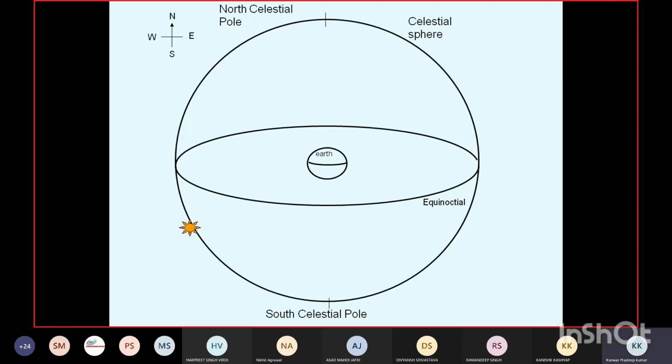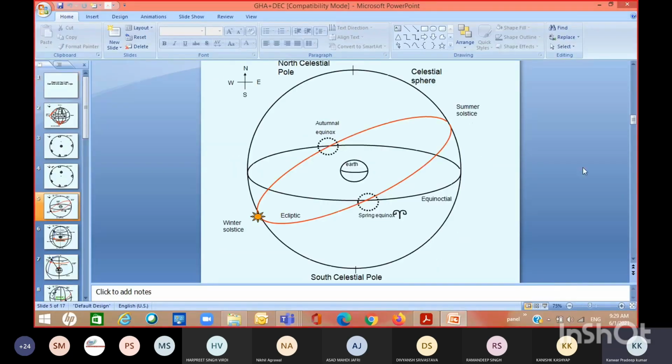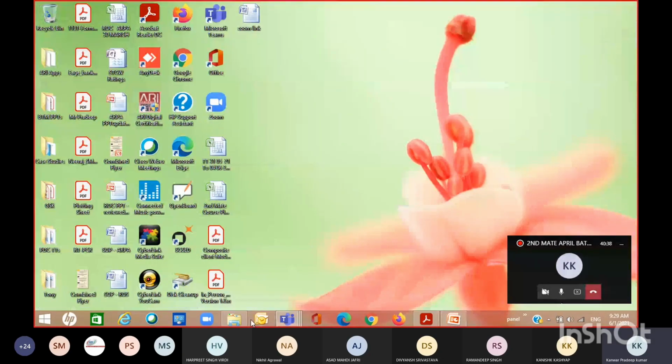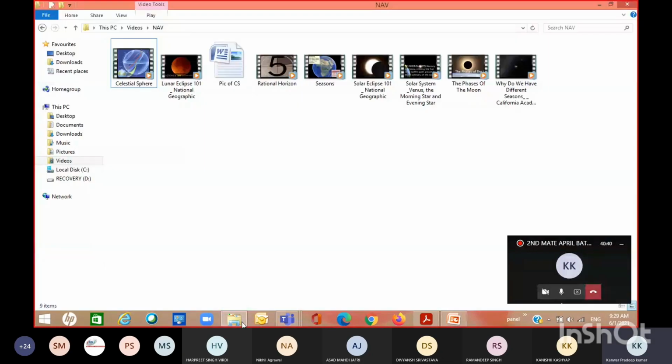The southern hemisphere is facing the sun. And when the earth is on the right side of the sun, then the other side is facing the sun, the other hemisphere. If you want, I can show you some diagram so that you can relate to it right now.